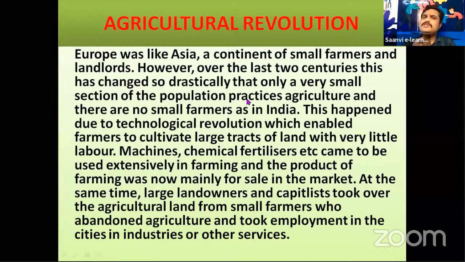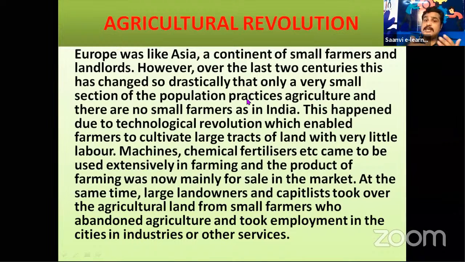However, over the last 2 centuries, this has changed so drastically that only a very small section of the population practice agriculture, and there are no small farmers as in India. Here you see the difference, because still in India we have many small farmers in your villages. If you check your surroundings, you can see many small farmers. When it comes to Europe, only a very small section of the population practice agriculture, because most of the people concentrate on some other activity.